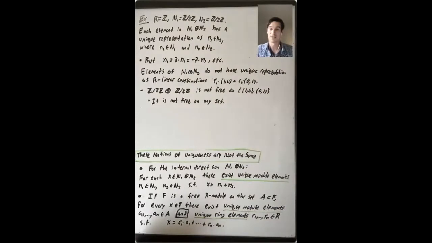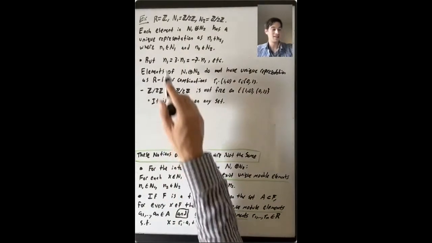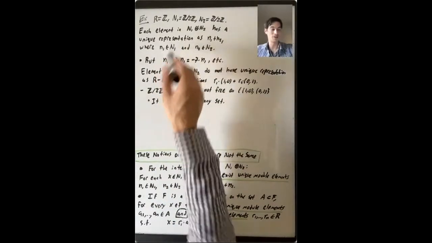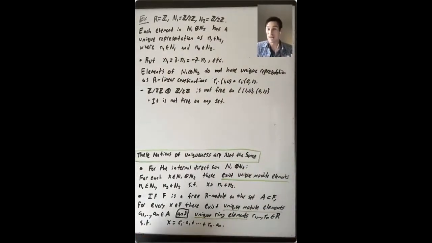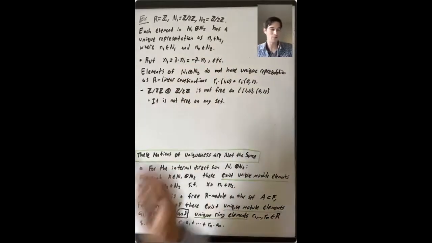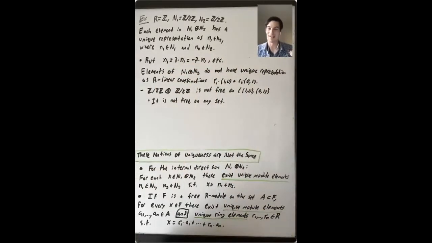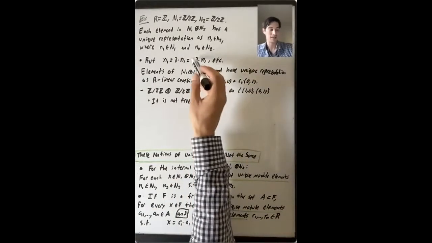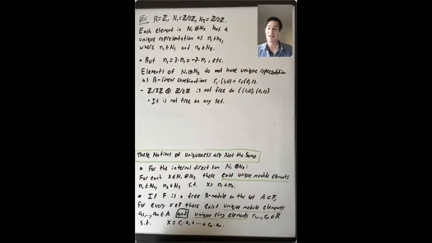But n1, this element in the first submodule, which you can think of as (n1, 0) if you want to think of it as an external direct sum, is the same as 3 times n1. No matter which of the two elements you pick in Z mod 2Z, if you take 3 times that, you're back where you started. Take -7 times that, you're back where you started. There are many different ways of taking R times one element and getting back the same element.